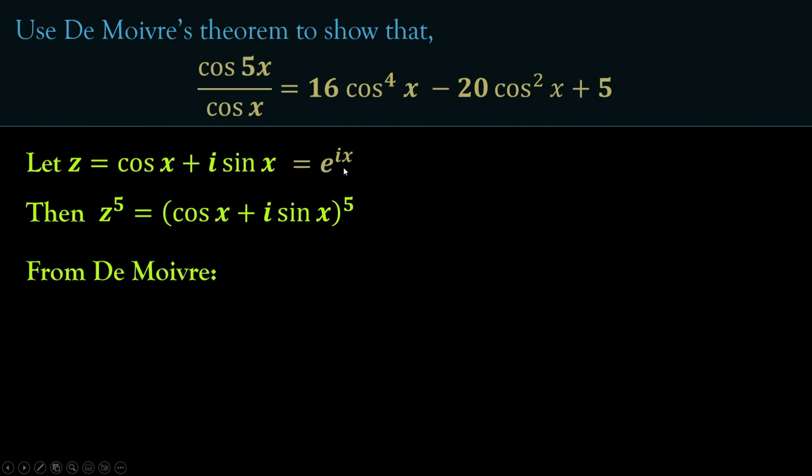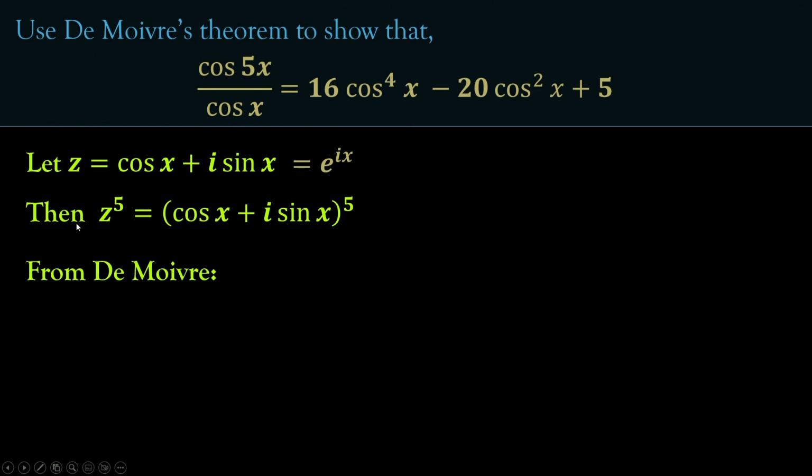So if this was theta, cosine theta plus i sine theta, then we can express this as e to the power of i theta. If this was cosine of k plus i sine k, then I can express this as e to the power of ik. And therefore, because this one is cosine of x plus i sine x, we write this in Euler's form as e to the power of ix.